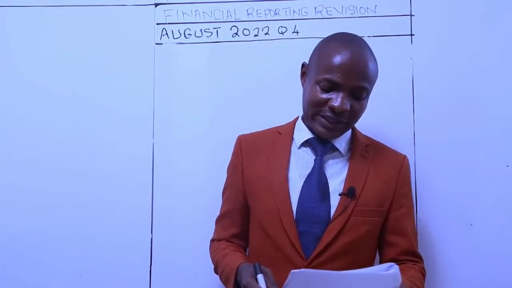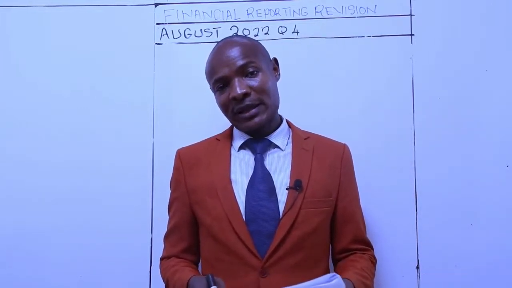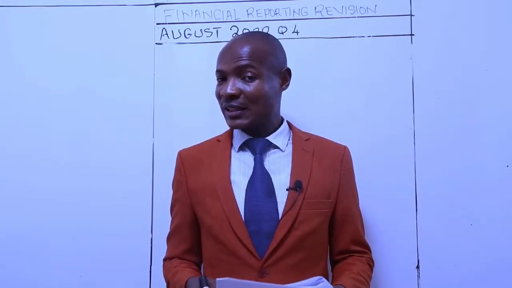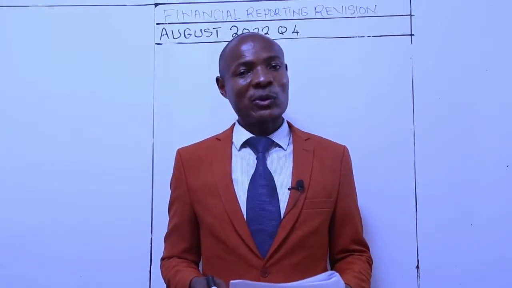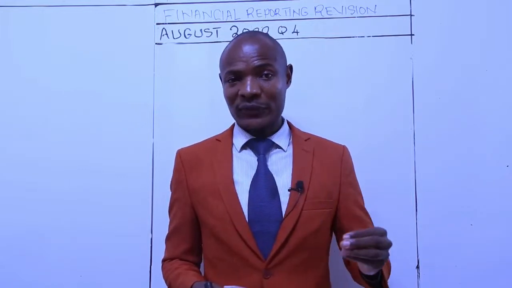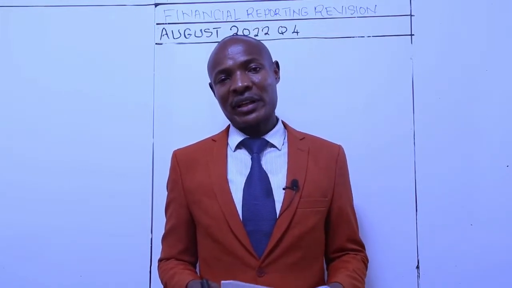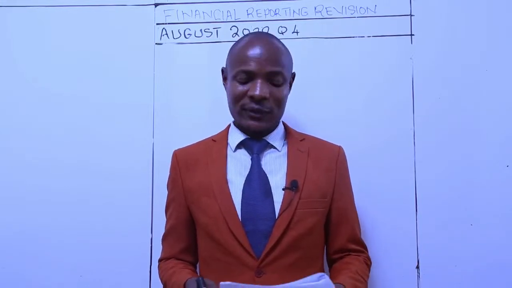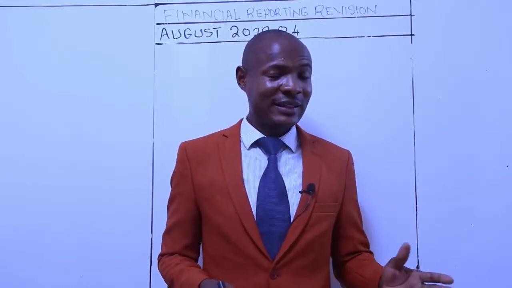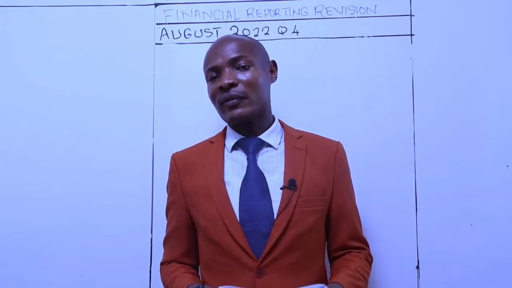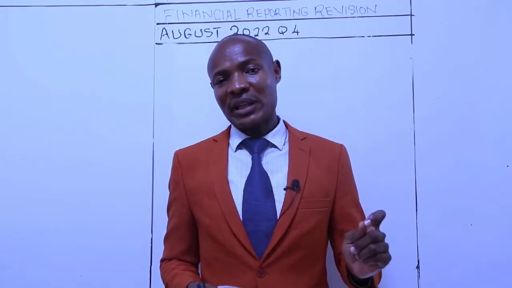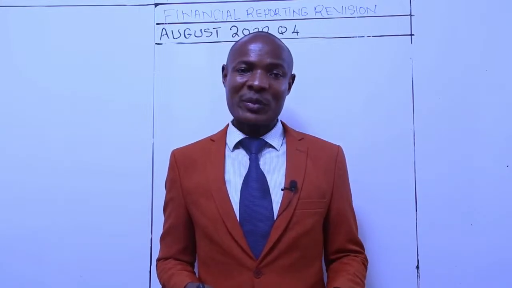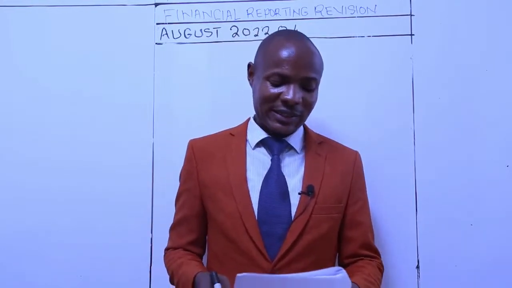Now, to account for this lease from inception, we are supposed to, 1, compute the lease liability, and 2, compute the value of the right of use asset. Remember, according to the provisions of IFRS 16, a lease will be accounted for as a finance lease unless the lease is of low value. So if the lease is of low value, then it will be accounted for as an operating lease. But otherwise, all leases will be accounted for as finance leases.